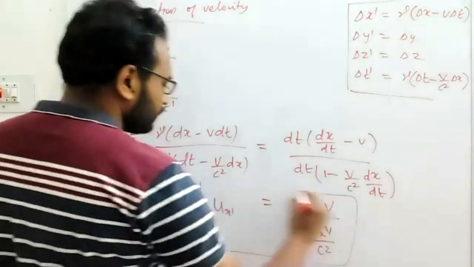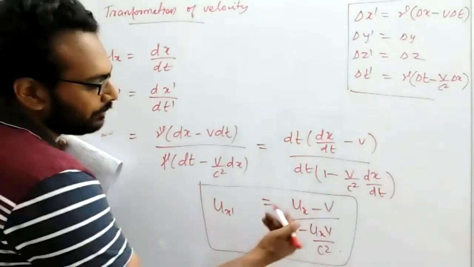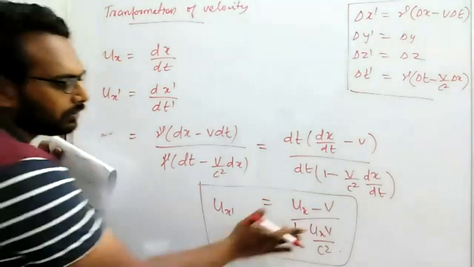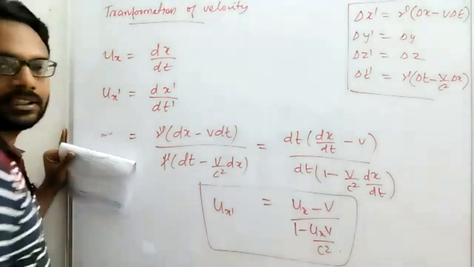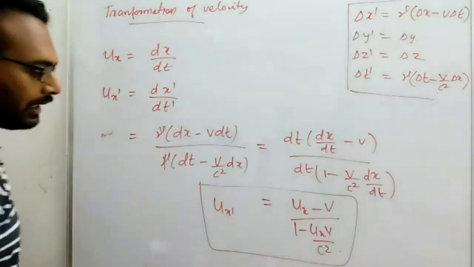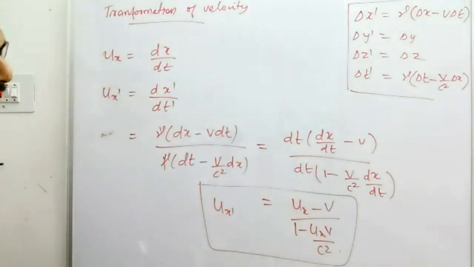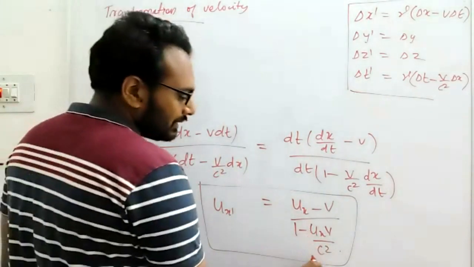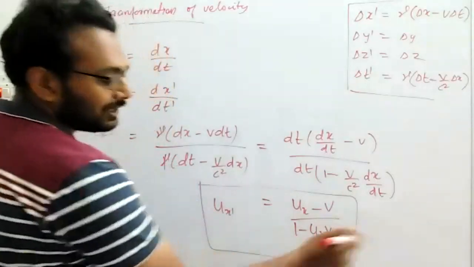This is easy to remember: if you had the Galilean transformation rule, it would be simply ux minus v. But when you go to Einstein, this is known as Einstein's rule for addition of velocities, and you have got this extra factor. You can consider this as the relativistic correction.